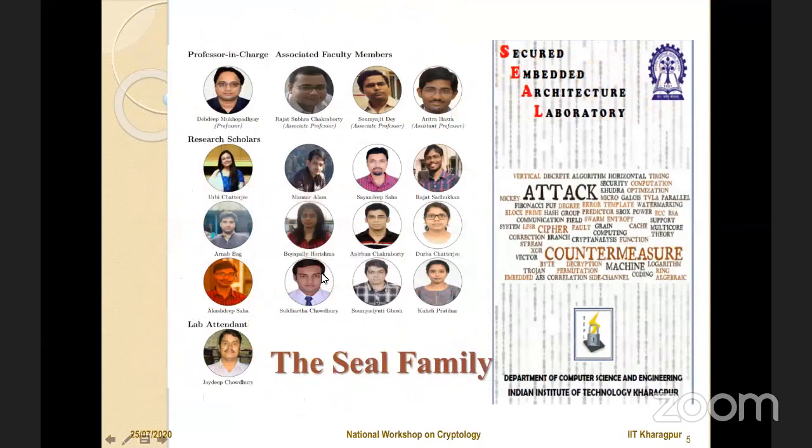So in order to do these kinds of experiments on attacks and countermeasures, we set up this lab in our department or institute, which we call the Secured Embedded Architecture Lab, for probably the last 10 years or so. We have a few faculty members and also research scholars and postdocs who are working in several areas of design, attacks, and countermeasures.